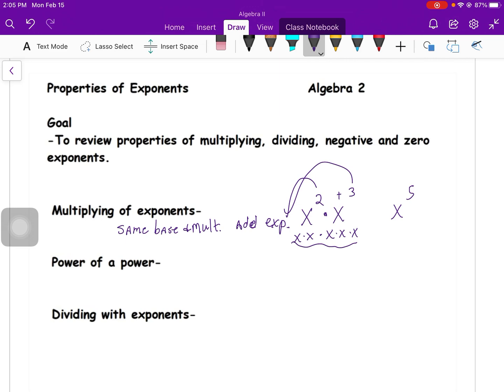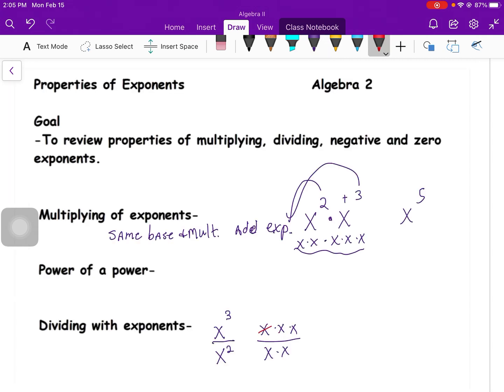Okay, I'm going to skip power of a power for a second. Dividing exponents. So let's say I got like x to the third power divided by x to the second power. So x to the third means x times x times x, over x squared. Now if I go through and I cancel out an x from the top and the bottom, I'm left with 1s. If I do the same thing, I'm left with 1s and I'm left with an x on the top.